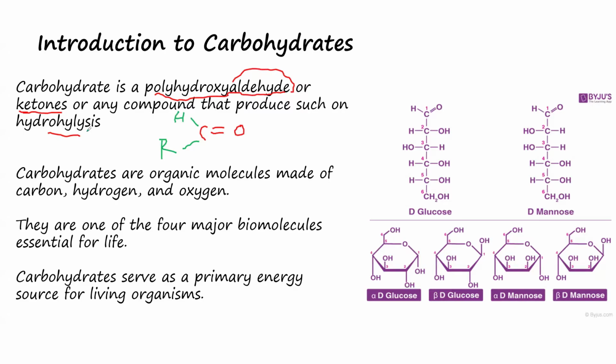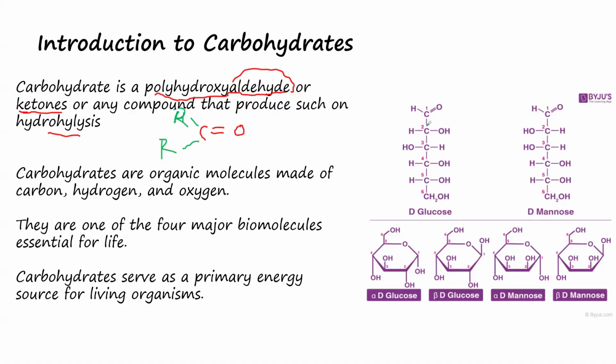In ketones, there are two alkyl groups, so here is also R. The most important thing is to understand the functional groups. The aldehyde and the ketones are the major functional groups in carbohydrates, and the major difference between them is the free hydrogen.